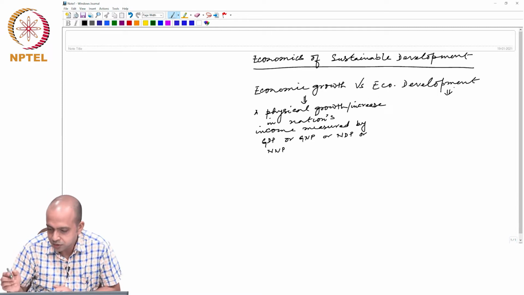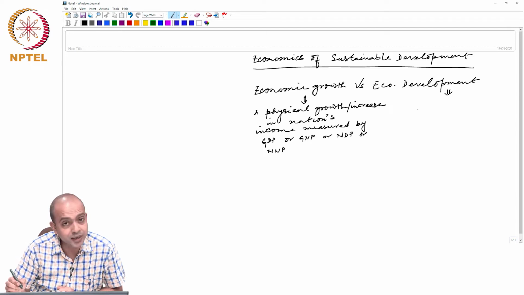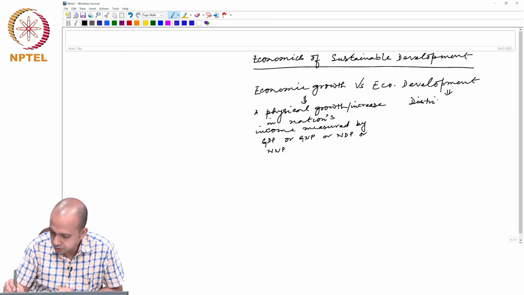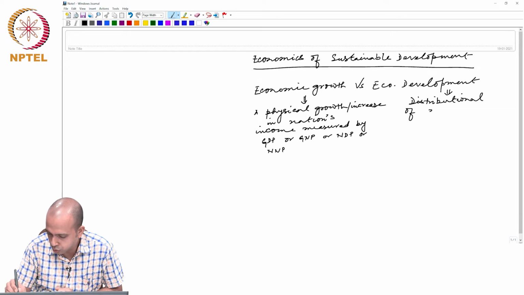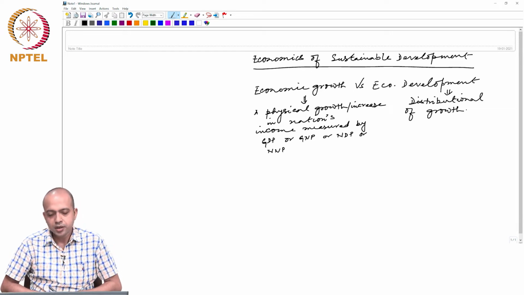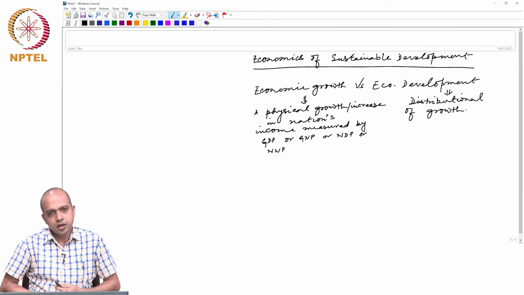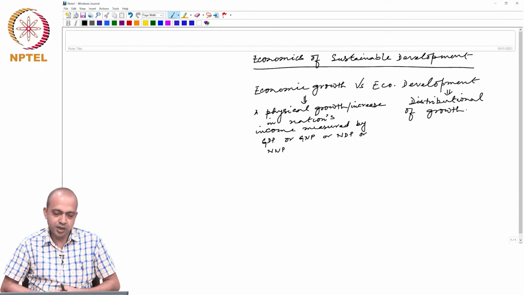So, development indicates the distributional aspects of growth. For example, growth is necessary, but may not be sufficient to achieve economic development.